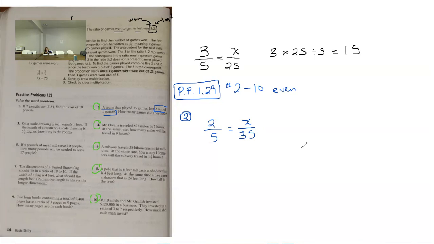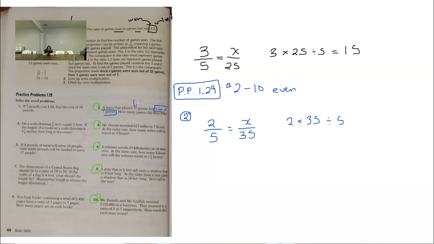All right. Calculator ready, type it in, let's see what you get. See if the calculator skills are strong. No, not 10. Let's see what you typed in. Did you do 2 times 35 divided by 5? No, what did you do? Oh, you did 25.